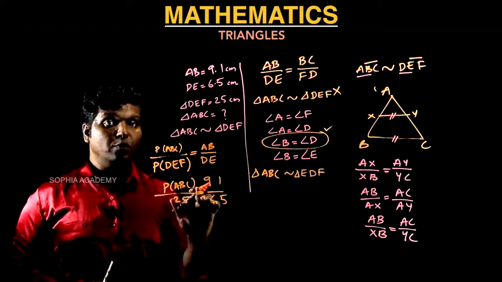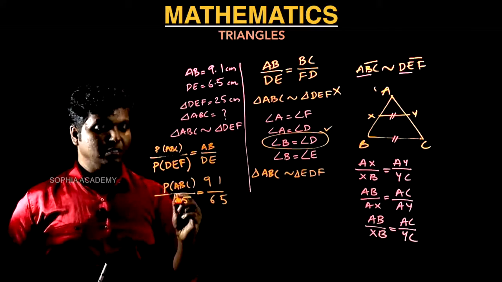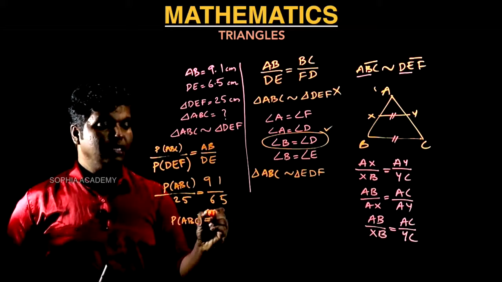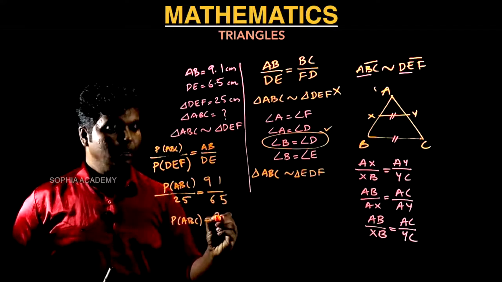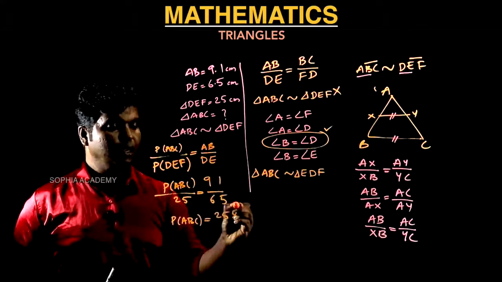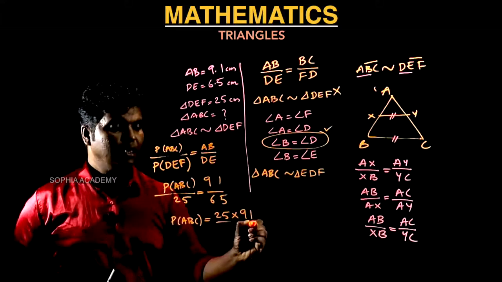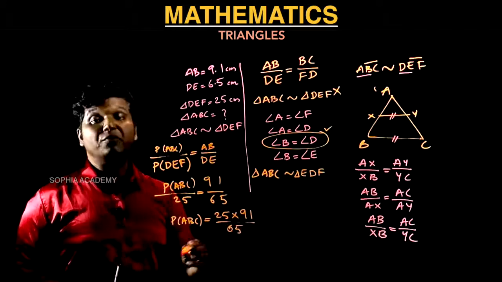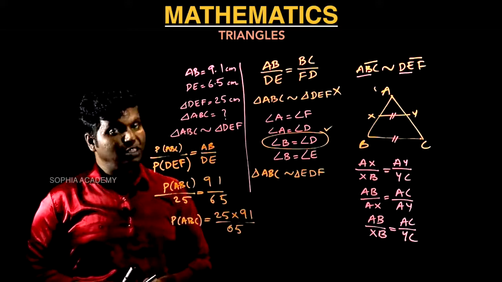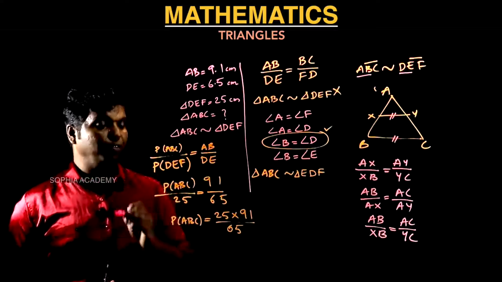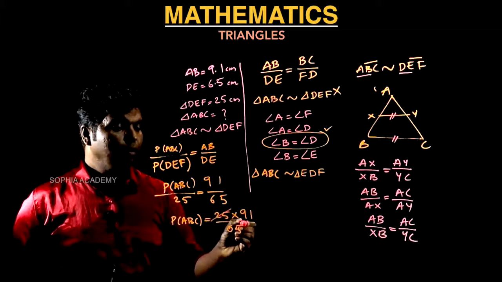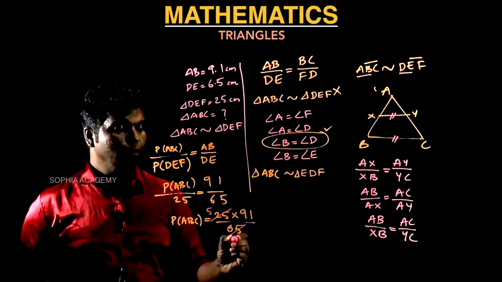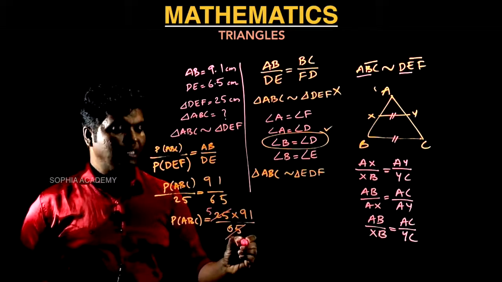Now what do you want to find? You want to find the perimeter of ABC. So we can write perimeter of ABC is equal to, cross multiplying, 25 into 91 divided by 65. Right? The 25 and 65 you can cancel, both belong to the table of 5. Cancelling in the 5th table, here you will get 5, and here 5 1s are 5, 5 3s are 15.